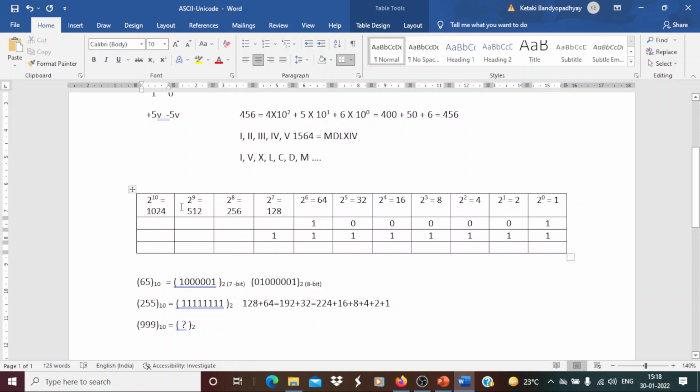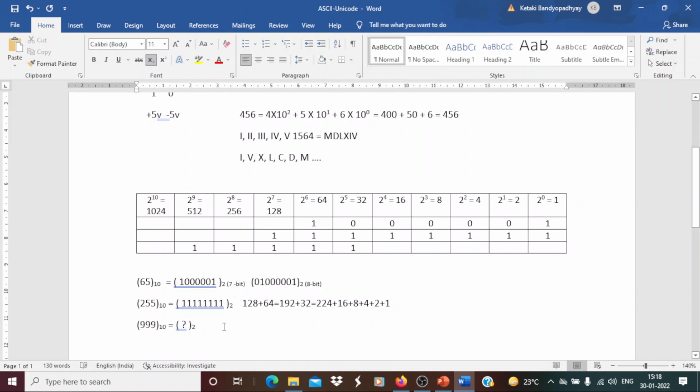So 999 we can represent within 2 to the power 9. Here 512 is present, 256 is present, 128 is present, 64 is present, 32 is present. Now let us add up these values to know what is happening.